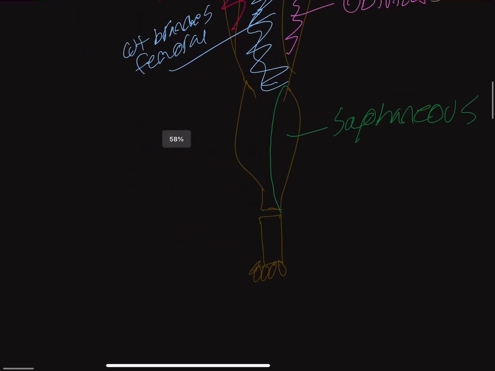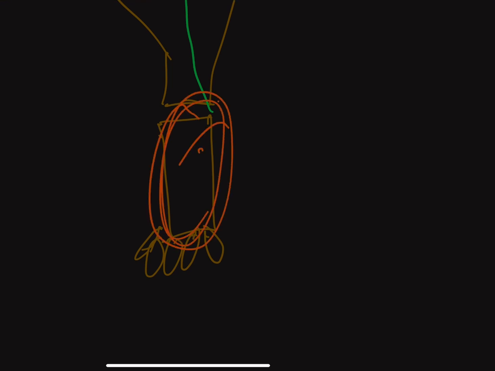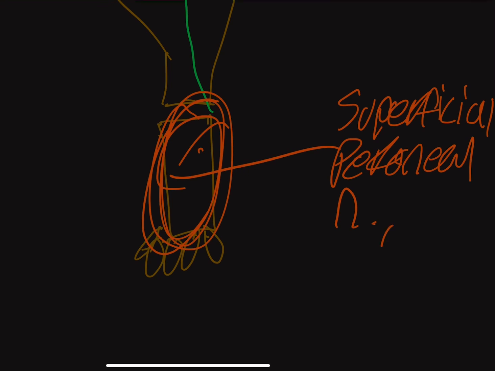And then I didn't do it over here, but we'll go ahead and do it just to knock that out of the park. But this dorsal aspect of your foot, majority of that or all of that is going to be from the superficial peroneal nerve. It's cutaneous branches at least.